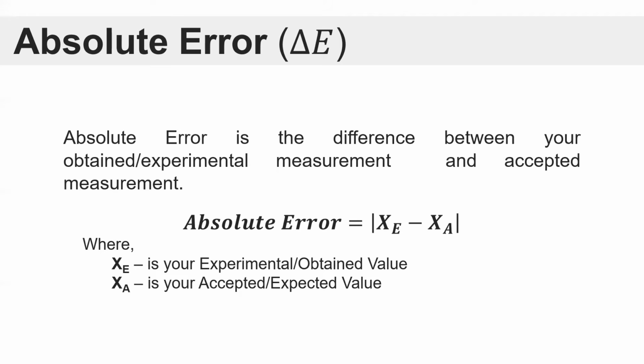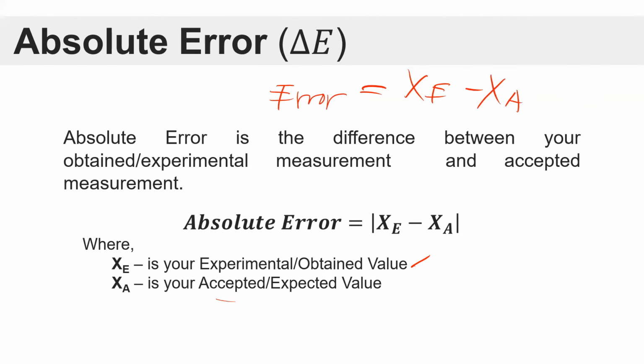So our absolute error is the absolute value of the difference between the experimental value, or the value that you yourself measured, and the true value or the accepted value. If we remove the absolute value sign, it is simply the error. For example, our error is the experimental value minus the accepted value.